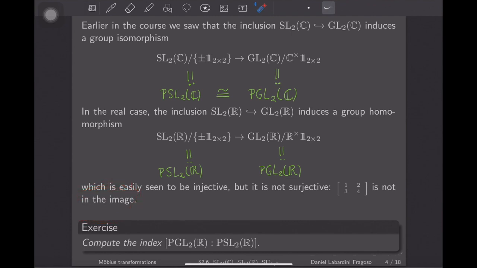And the point is, at least if you want to see it through Möbius transformations, if you have your invertible real 2 by 2 matrix, when you want to get a matrix with determinant 1 giving you that Möbius transformation, you have to divide by the square root of the determinant. But it is of course possible that the determinant is negative, so in the end the matrix that does the job is actually not real. That's really the problem.